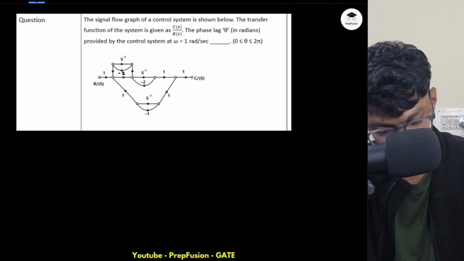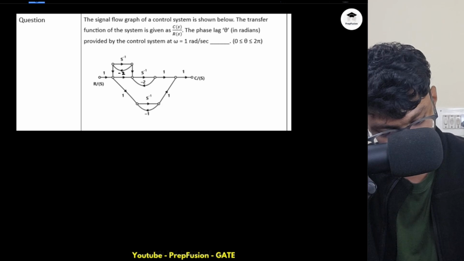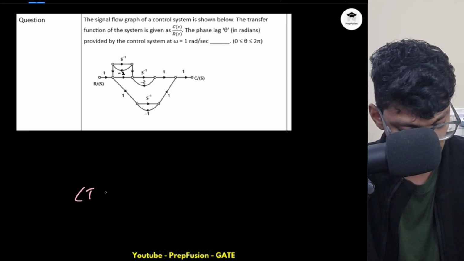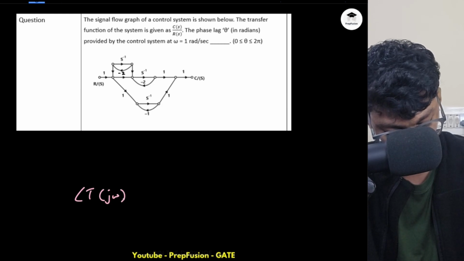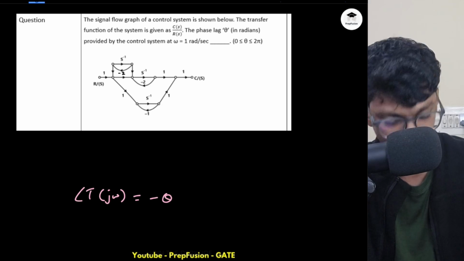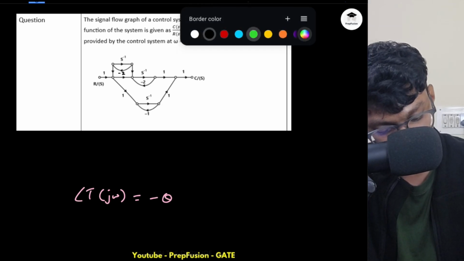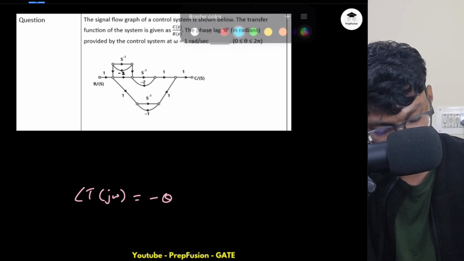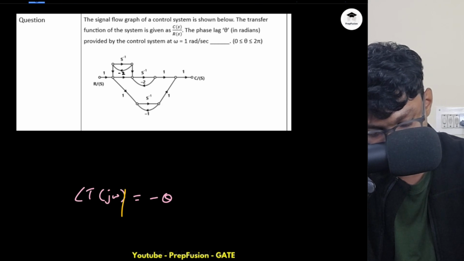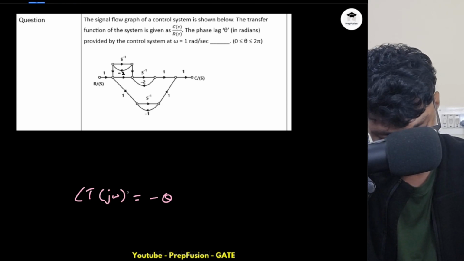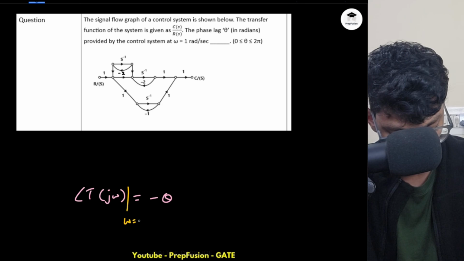So my transfer function will provide a phase lag. If it is providing phase lag, it should be equal to minus theta, correct? Because lag means the angle is negative. It is providing some negative angle at omega equals to 1 radian per second.